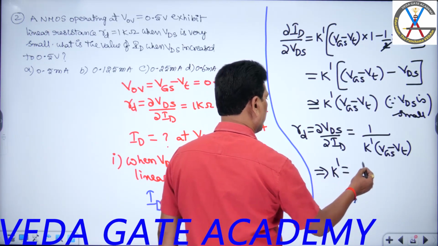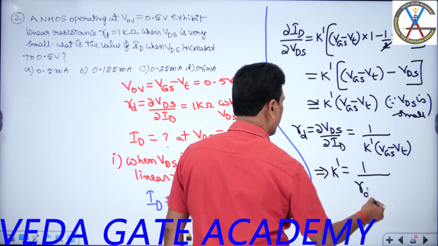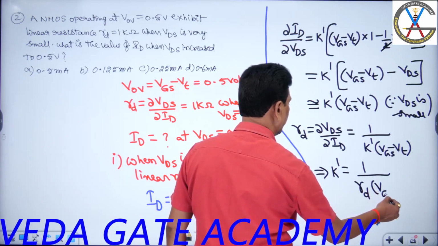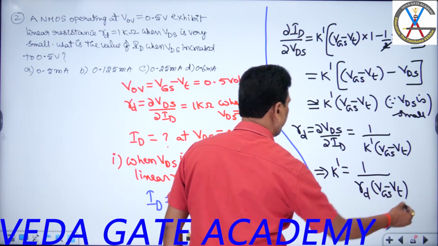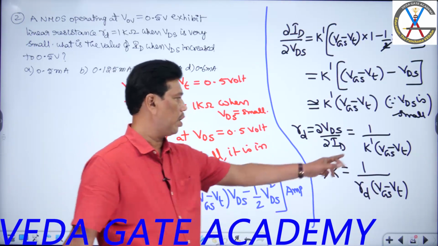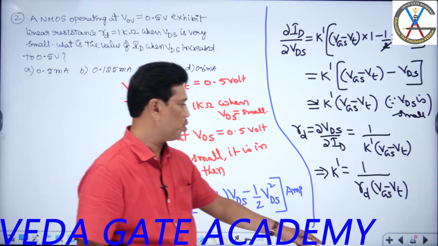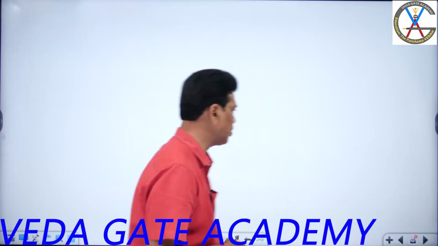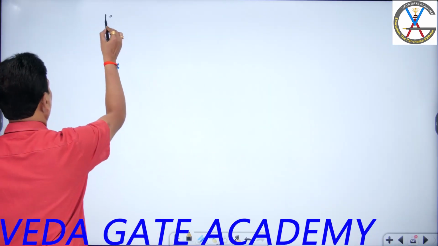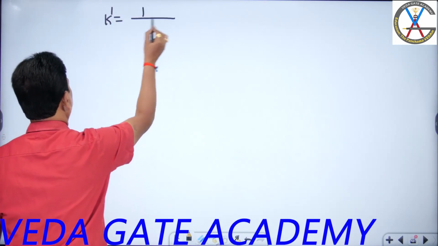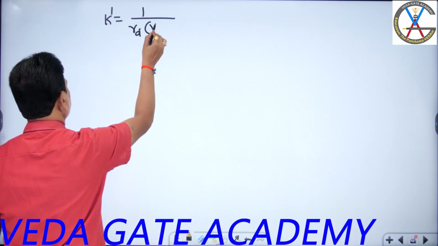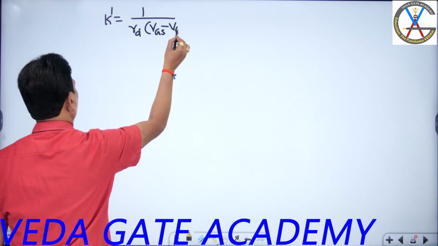K dash equal to 1 by RD into VGS minus VT. So I transfer K dash here. I substitute those things to get K dash first.